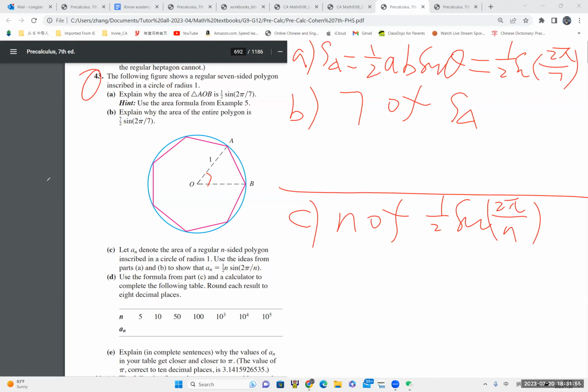Then part D. Use the formula from part C and a calculator to complete the following table. Round each result to 8 decimal places. Oh, this is interesting.